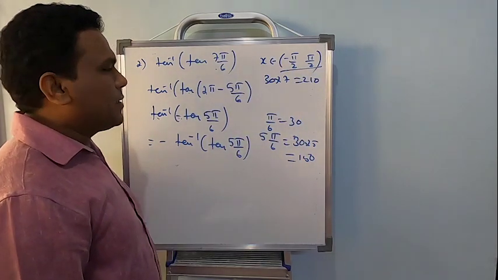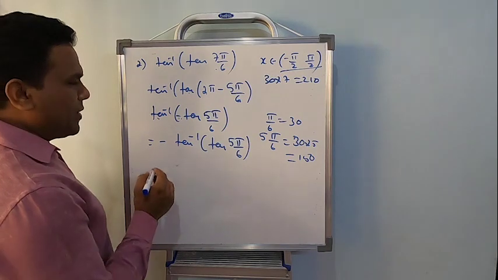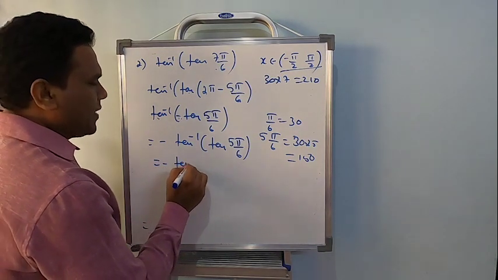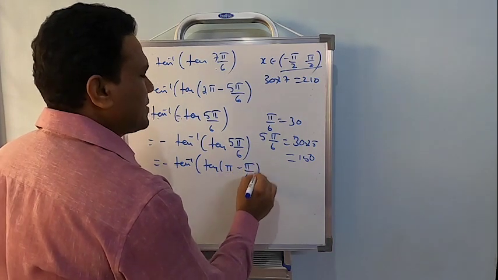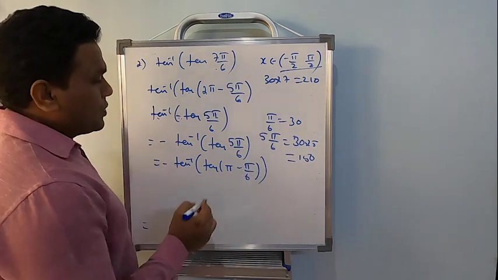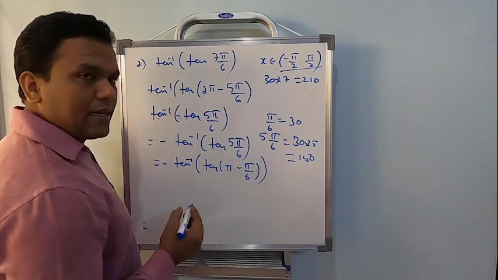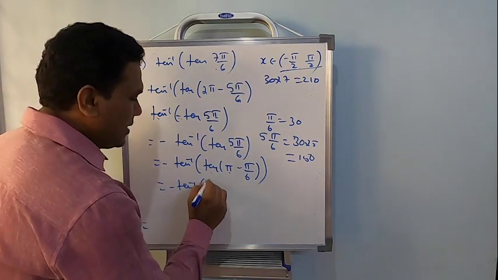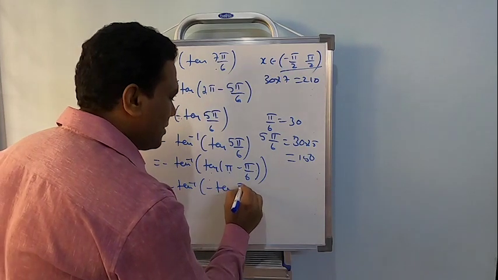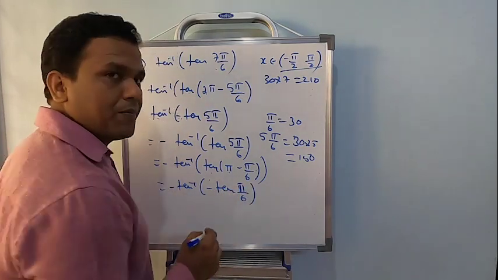So let me go and split once again. So 5 pi by 6. What's the way of splitting 5 pi by 6? This can be written as pi minus pi by 6. So tan of 180 minus theta lies in the second quadrant, tan is negative. So minus tan pi by 6, inside the tan inverse. That's fine.